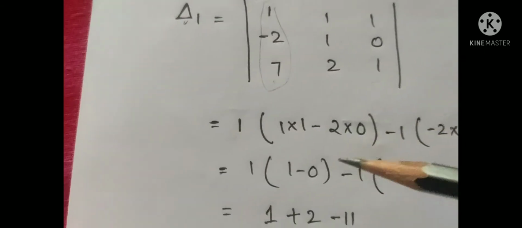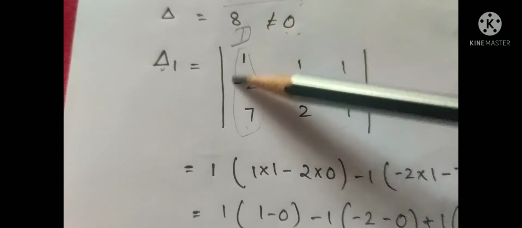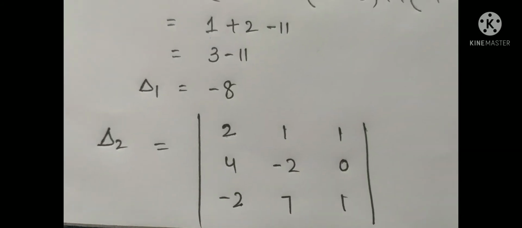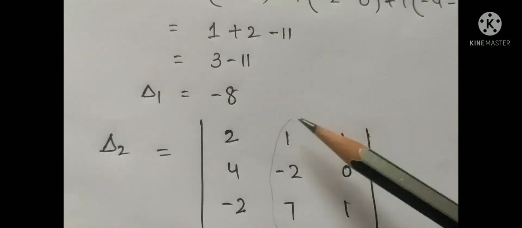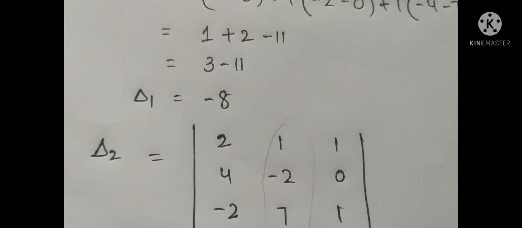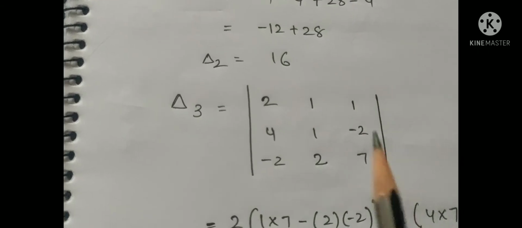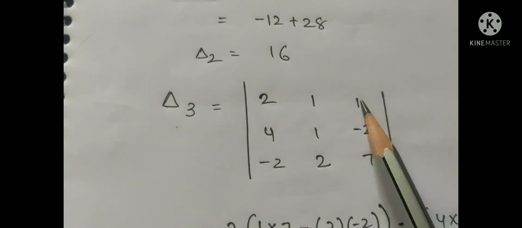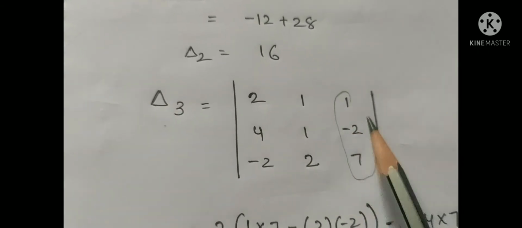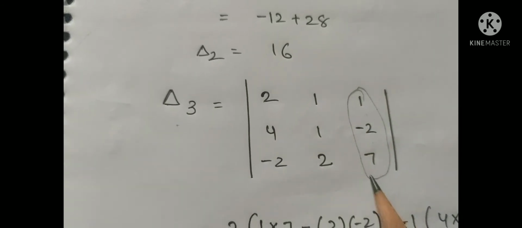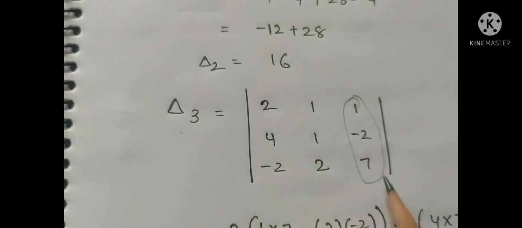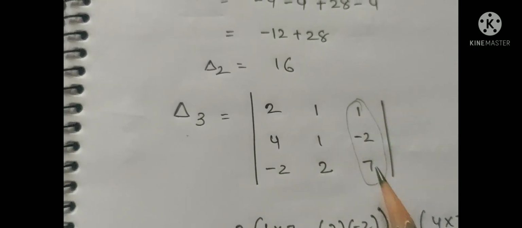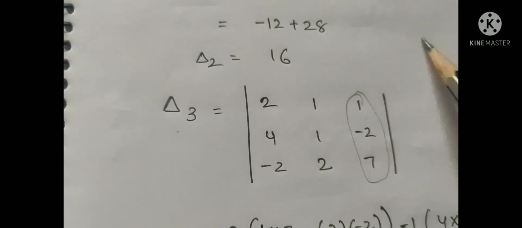So in place of the first column we use 1, -2, 7, and while finding delta 2 we use 1, -2, 7 in the middle. And for delta 3 we use 1, -2, 7 in the last column. Remaining are the same, only for z we use 1, -2, 7, that is D.